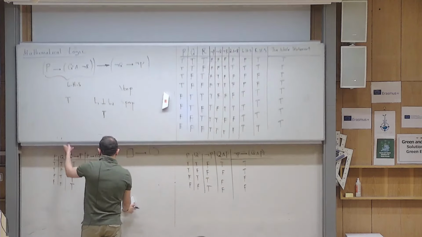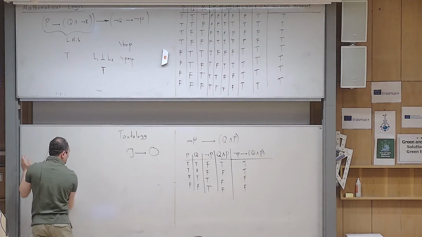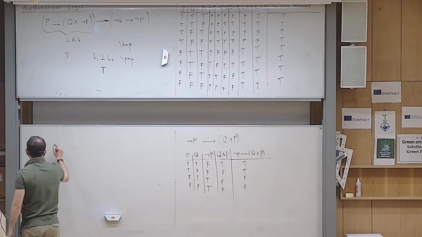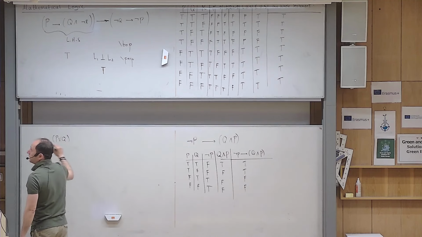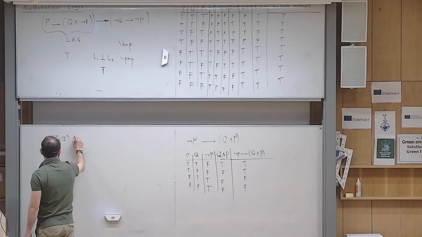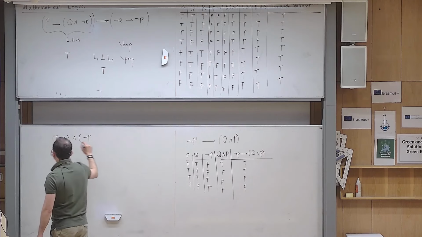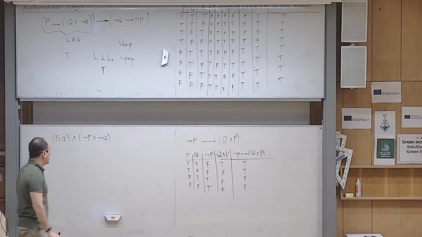First of all, I want to use the conventions I just told you, so I don't want to write the sentence as complicated as you see there. I would write P or Q, and then I will write not P and not Q. So I don't need to put those extra pairs of brackets.